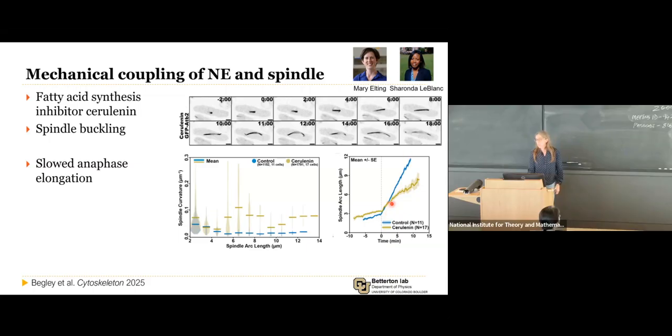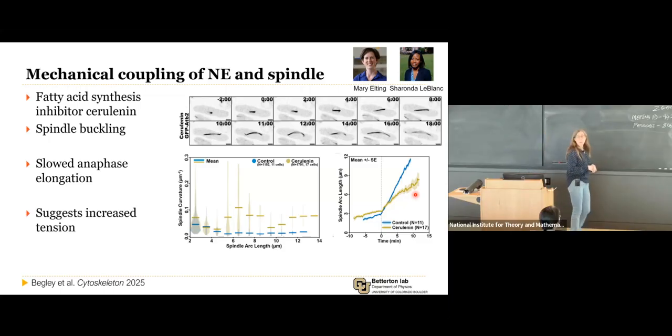And the blue curve here is control, the gold is with cerulenin, and you can see it's a significant, on average, slowdown, right? So this really suggests that the increased force of this envelope that can't expand in area is having an effect on the spindle elongation. So this is really consistent with increased tension of the envelope when it can't expand. And we'd like to understand that a little bit more.